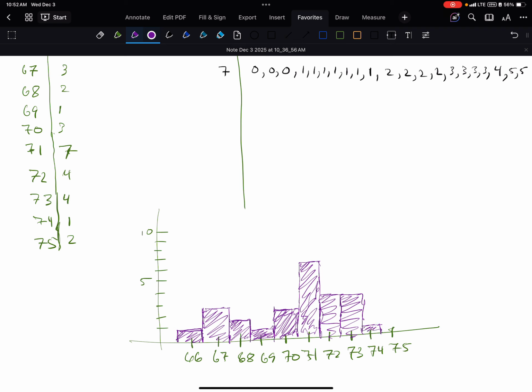And 75, I'm up at 2. And so there's my histogram, or bar chart.